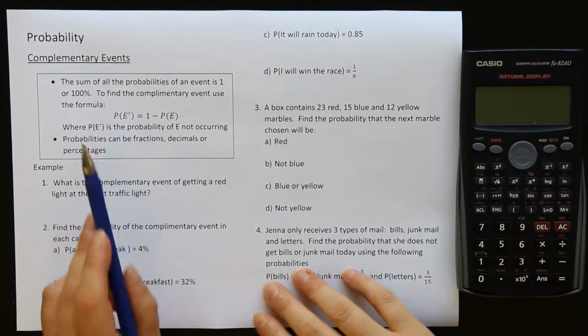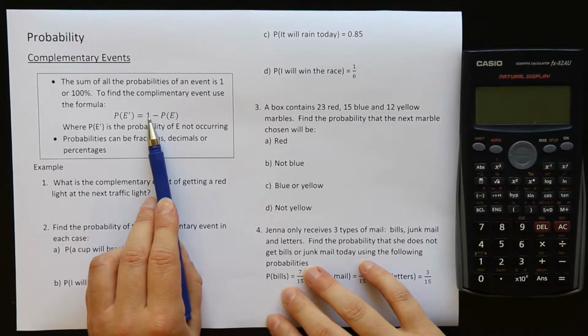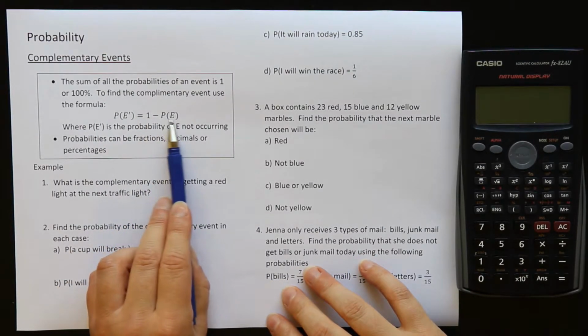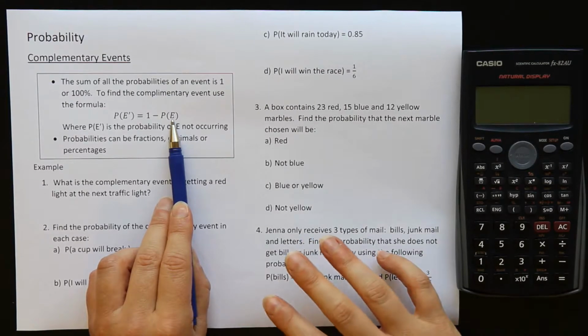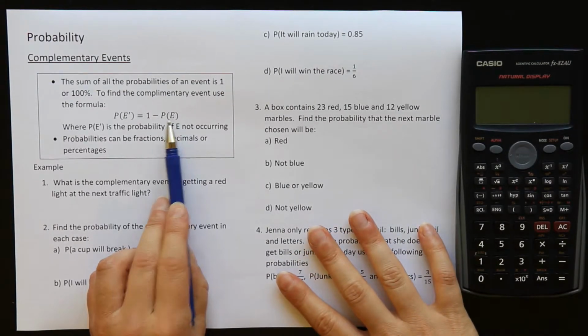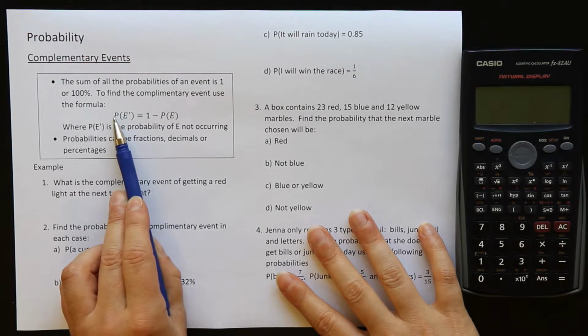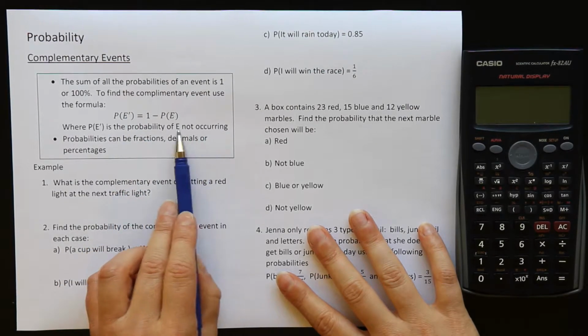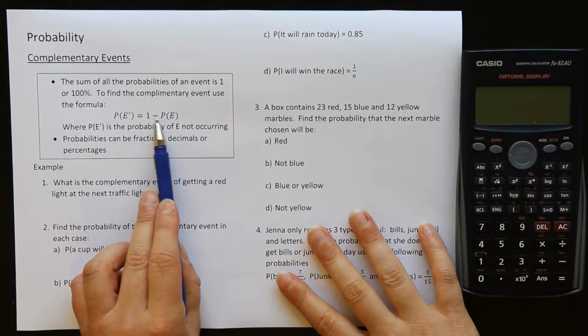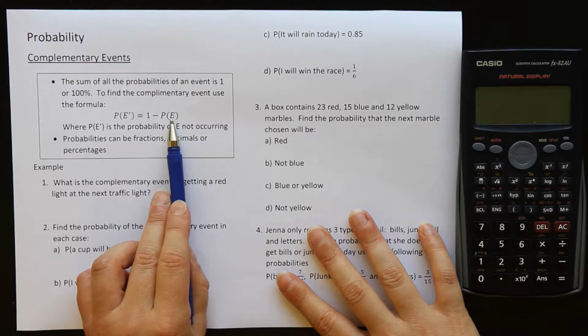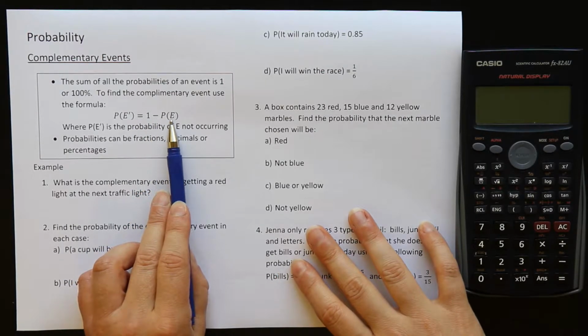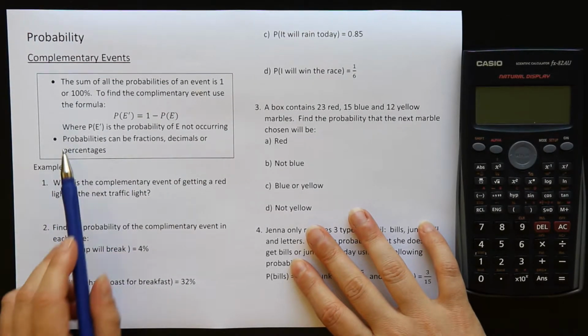To do that, we start with 1, which is the total, and take away the probability of the event happening. This bit here, probability of E with a dash, says the probability of the event not occurring is equal to 1 minus the probability that the event does occur. I'm going to be showing you how to use that formula in just a minute.